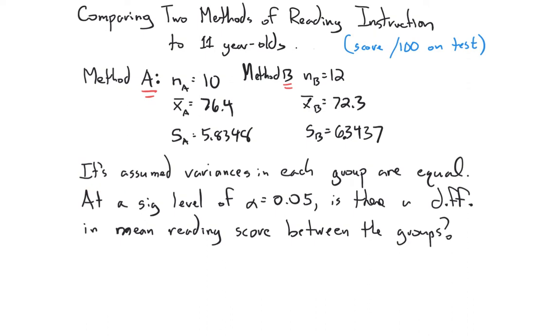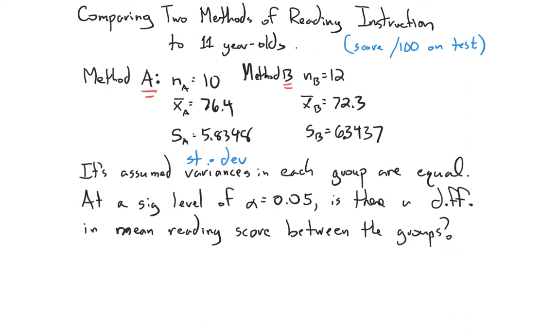It's also assumed that the variances in each group are equal. Remember, variance is just the standard deviation squared, so you can think of this as the standard deviations in each group being equal. And we want to know, at a significance level of 0.05, is there a difference in mean reading scores between the groups?